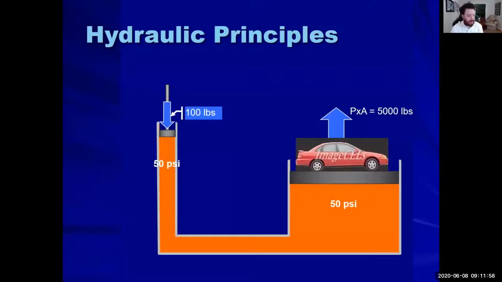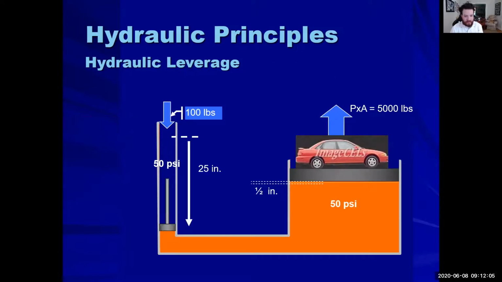We would be able to lift it using this hydraulic leverage. So if we go down 25 inches in a 2 square inch area with 100 pounds pressure, we would go up half an inch on the car end.